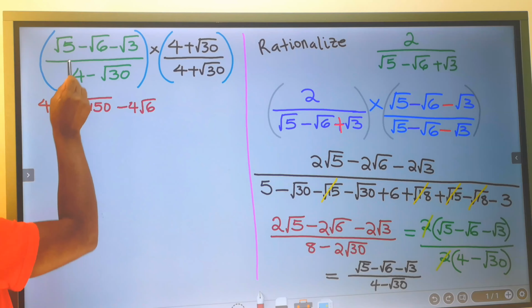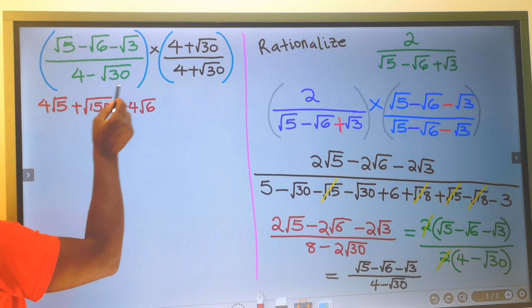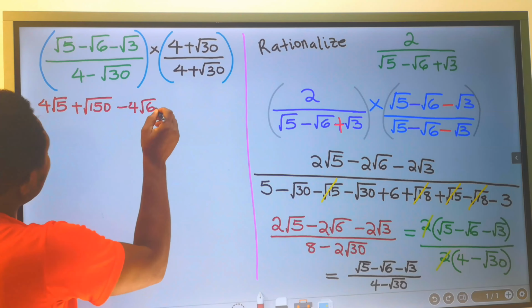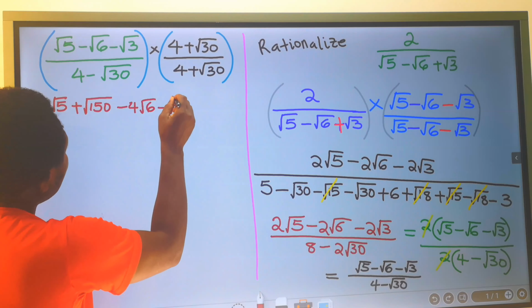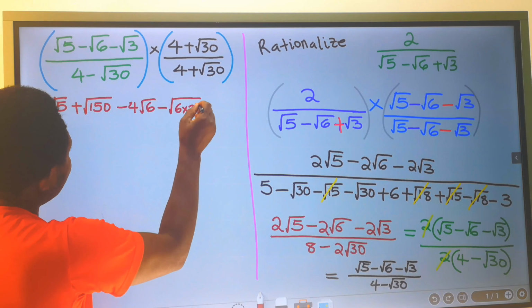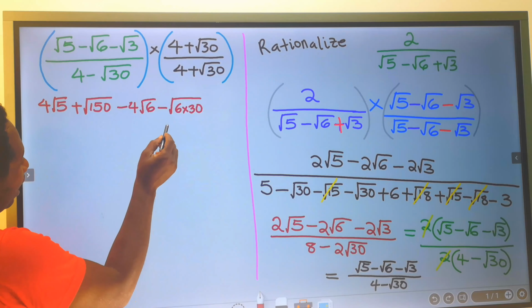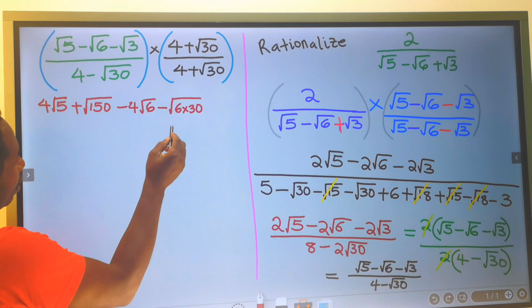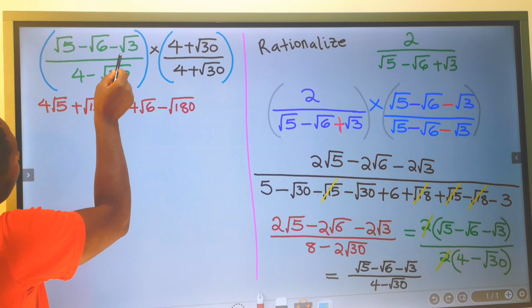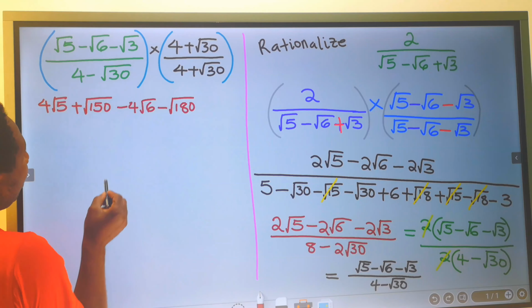Next, minus the square root of 6 multiply by the square root of 30. We're going to have minus, inside the square root, 6 multiplied by 30, and here we're going to have minus the square root of 180. Next, minus the square root of 3 will multiply by 4.